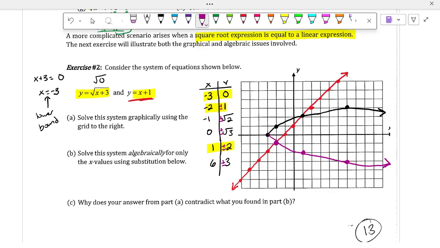So what does that square root graph look like to you? It looks like a parabola, but it's turned on its side. All right. So if I solve this system graphically, what do I got?